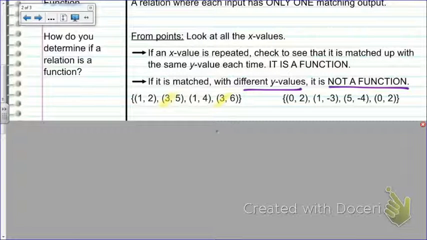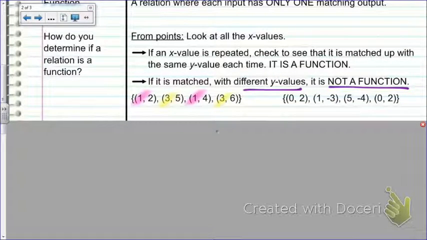How many times does 1 show up? Twice. Here and here. Okay. Now, if an element in the domain is repeated, we only have to list it once. So our domain actually only has 2 elements, 1 and 3. Does that make sense? So you don't have to list the 1 and the 3 multiple times, just once.